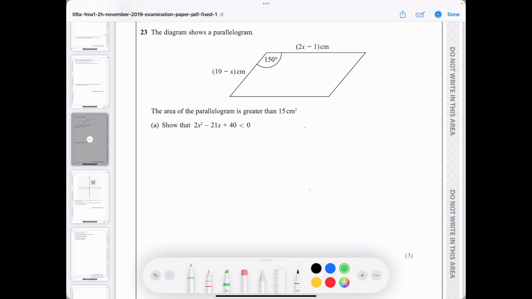So I can only do this by using the area of any triangle.